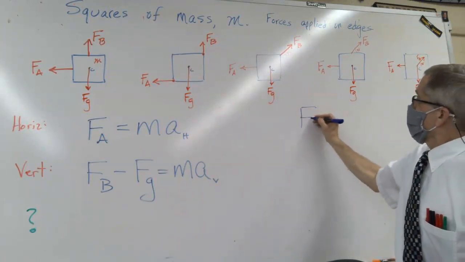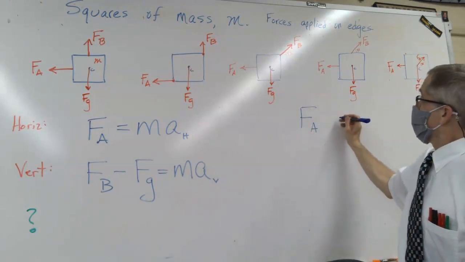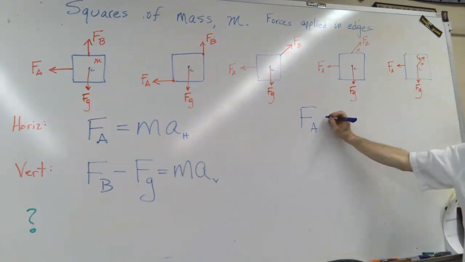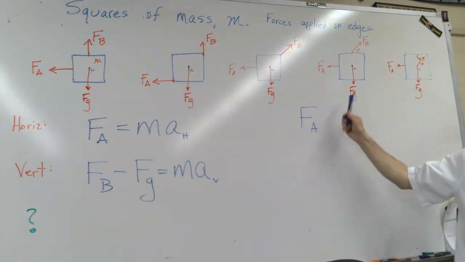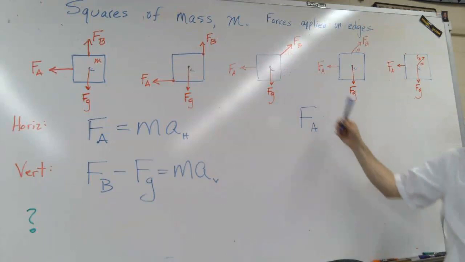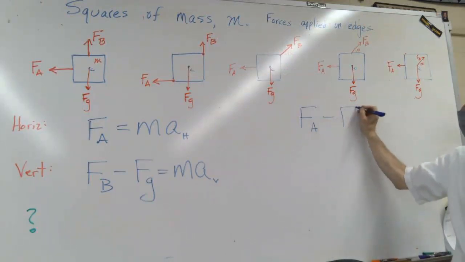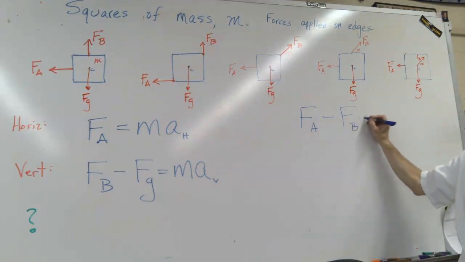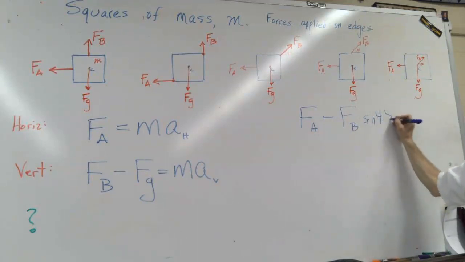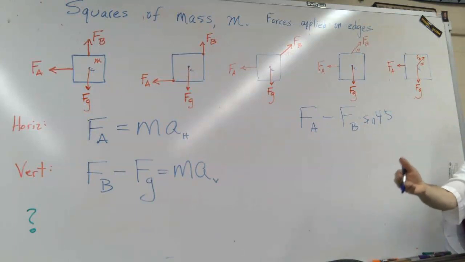So, FA, and then what? No, because we have another horizontal force. The sine of 45 FB. Yeah, I always write it the other way. FB sine 45, or cosine 45, or something equivalent to that.